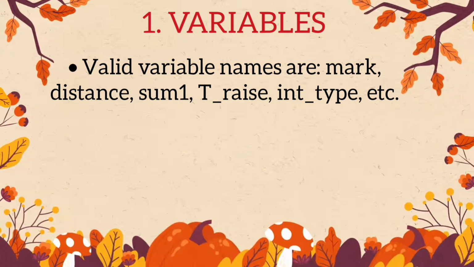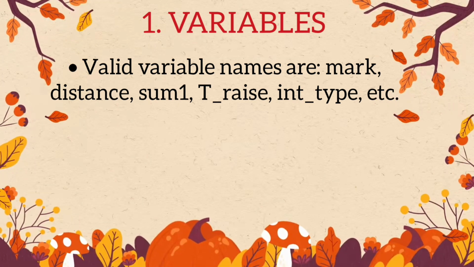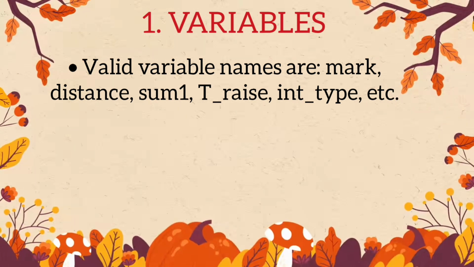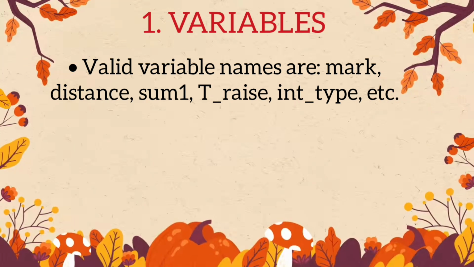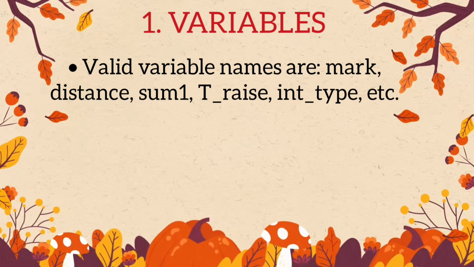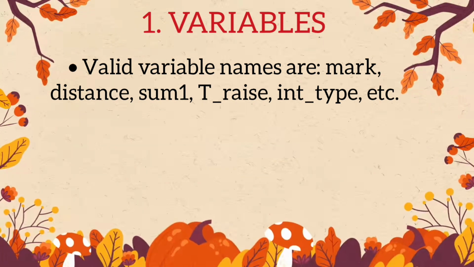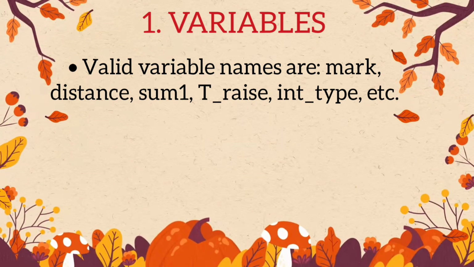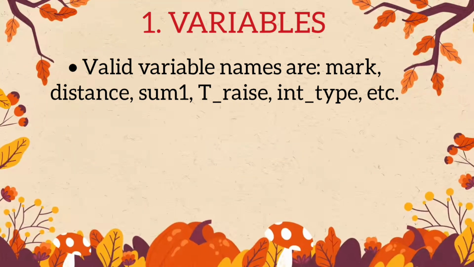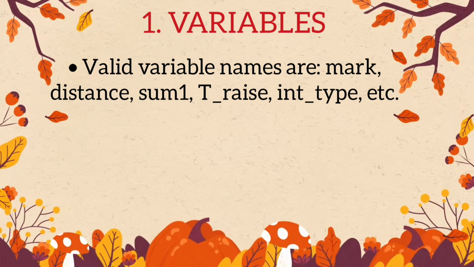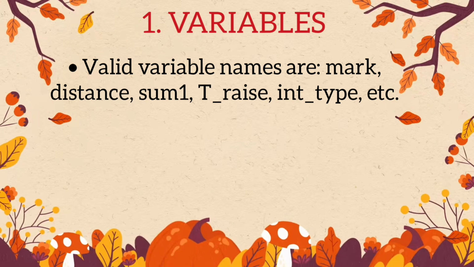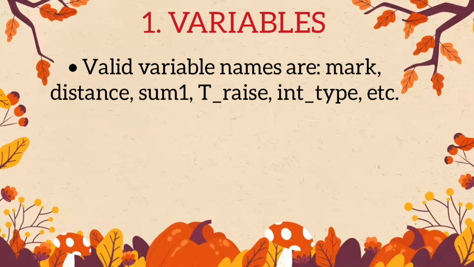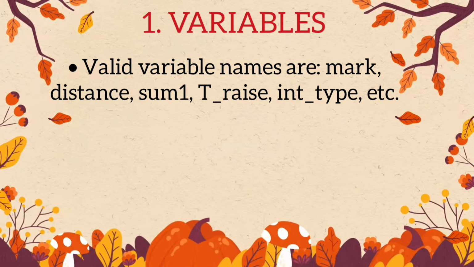In someone, the digit is after the letters and there is no white space between them, so it's valid. T_days is separated by underscore which is accepted in C, so it is valid. And in int_type, a keyword is used, but since the keyword is not used individually as the variable name but is only part of it, it is accepted.